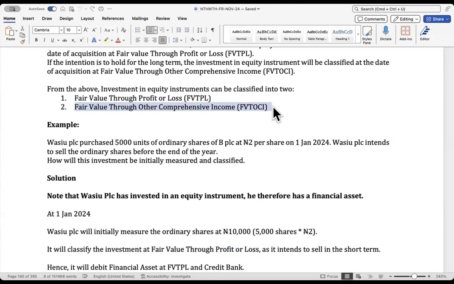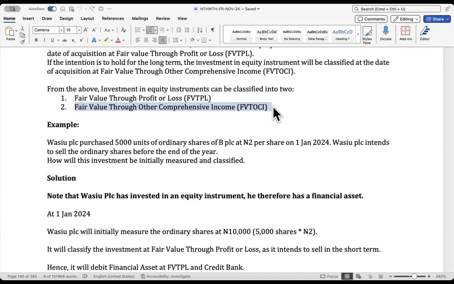You capitalize that. Another question I want to ask you. Your selection of a classification, is it a selection of an accounting policy? Yes, of course.